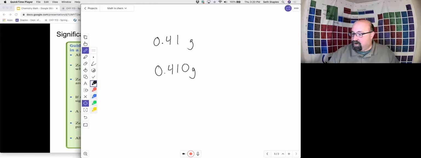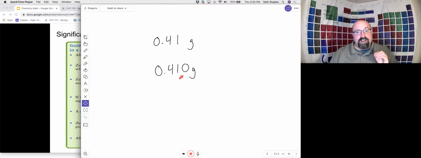Measurement-wise, I have a number here that I know to 1 greater decimal point compared to what I know this number. This is a much more accurate number. The balance that reported this number to me probably cost $1,000 more than what the balance did that gave me this number, or maybe more than that, a few thousand more. And so this 0 is significant.